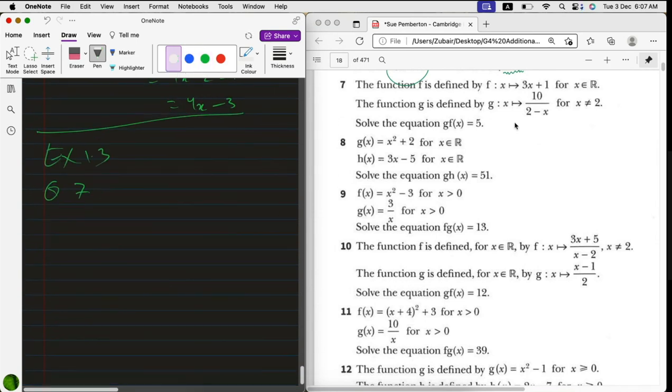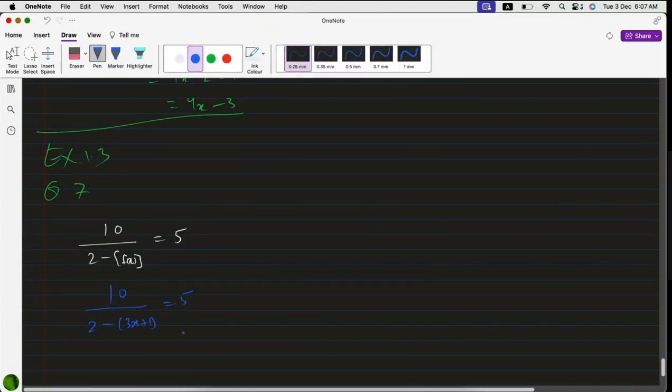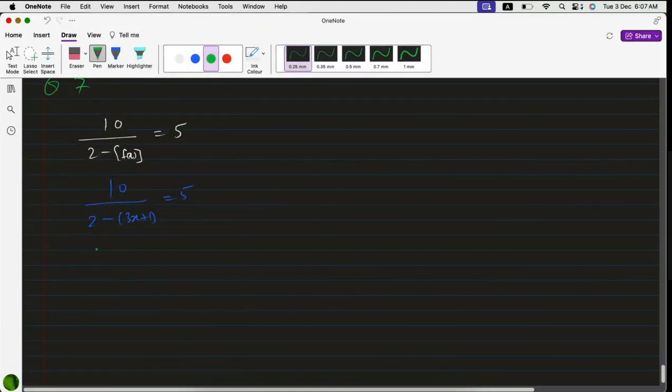So we are substituting f in g, and g was 10 over 2 minus x, so in place of x we put f, where f of x was 3x plus 1, making use of brackets. 10 over 2 minus 3x minus 1 equals 5. 10 over 2 minus 1 is 1 minus 3x equals 5.